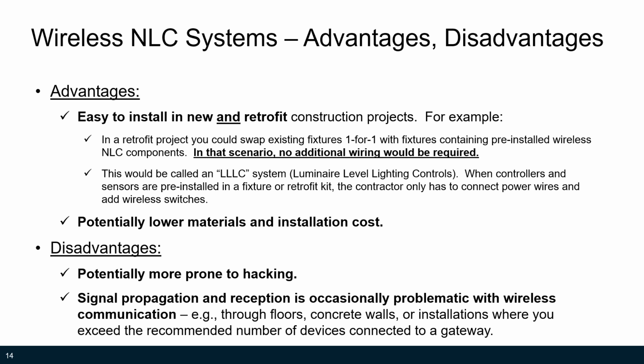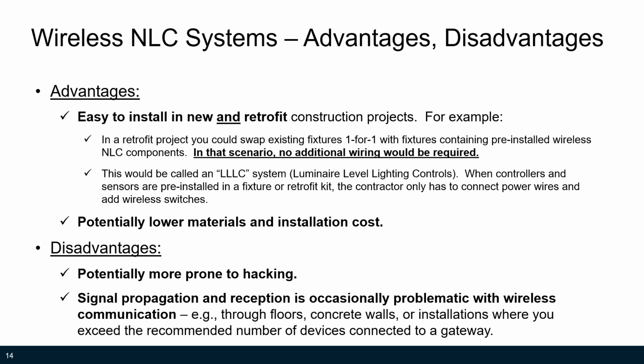If you also had pre-installed sensors in each fixture, that would be called an LLLC system, meaning luminaire level lighting controls. And then literally all the contractor has to do is to swap the fixtures and they're done. So there's potentially substantially lower materials and installation cost.